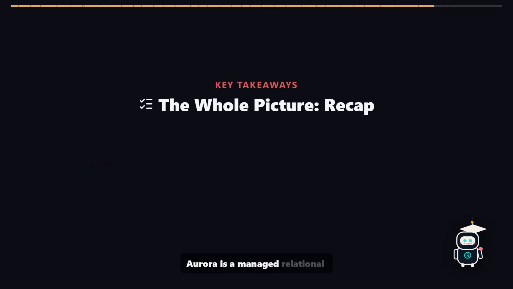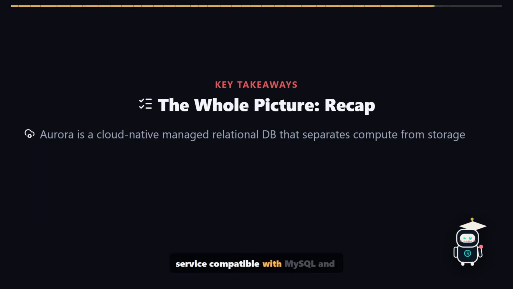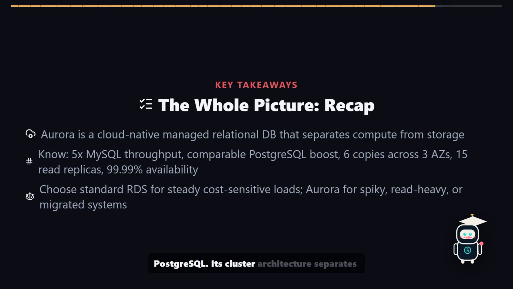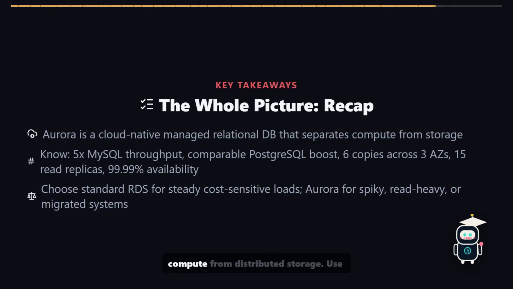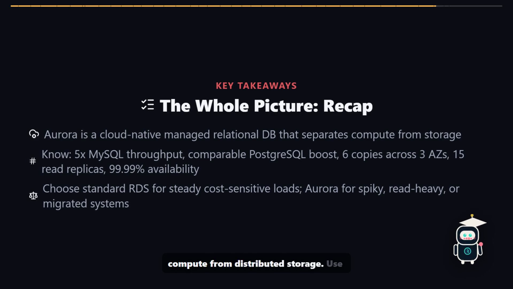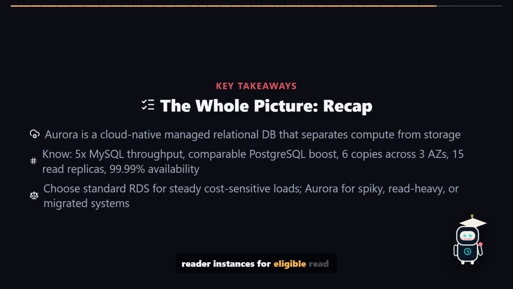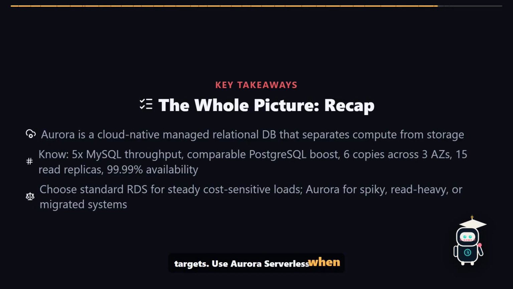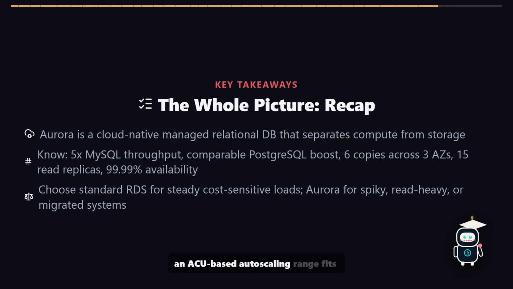Aurora is a managed relational service compatible with MySQL and PostgreSQL. Its cluster architecture separates compute from distributed storage. Use reader instances for eligible read scale and as potential failover targets. Use Aurora Serverless when an ACU-based auto-scaling range fits the demand pattern.